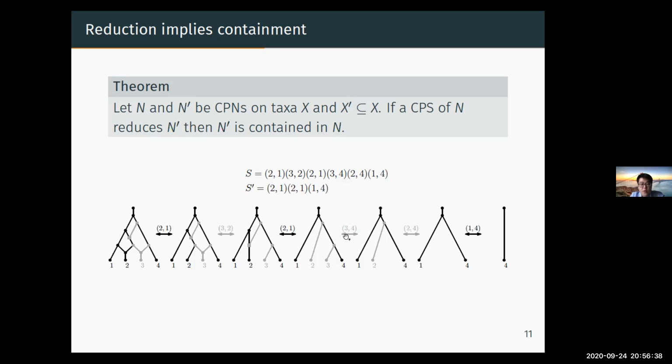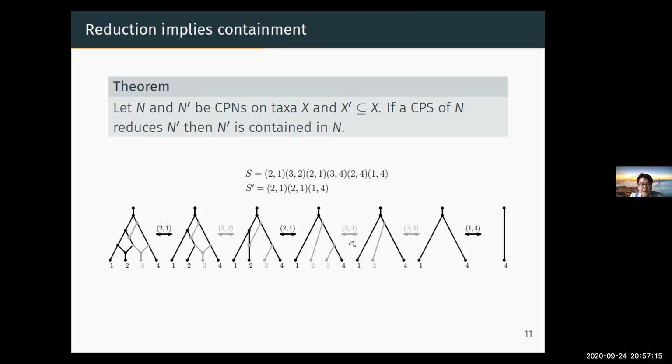And when we come to 3, 4, when we add the cherry 3, 4, then this edge, well, it's not used in S prime, so we leave it grayed out. And by doing this, sort of, wait. Oh, no, there is no mistake in here. I'm sorry if that was super confusing, but there's no mistake here because this right here is the cherry. So the figure is doing what it's supposed to do.